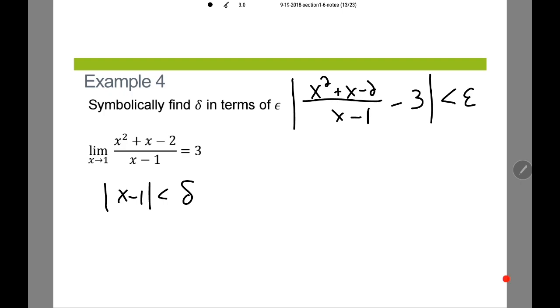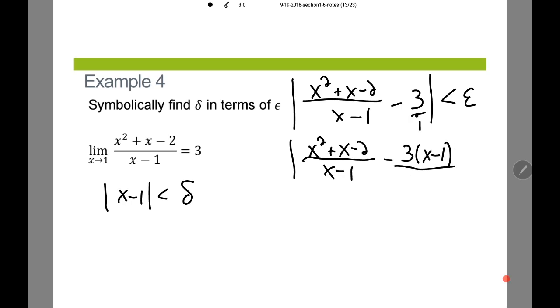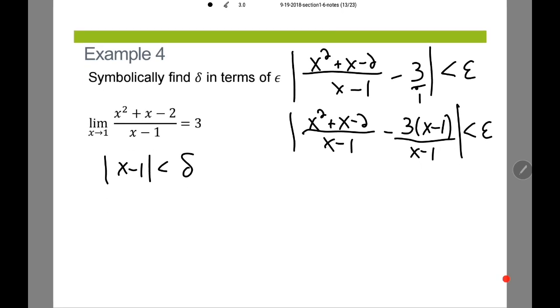So in order to put these things together, I am going to have a common denominator. So that means (x squared plus x minus 2) over (x minus 1), and in order to have a common denominator, I'm going to have to multiply top and bottom. So you got to remember that 3 is over 1. I got to multiply both by x minus 1 in order to simplify that down.